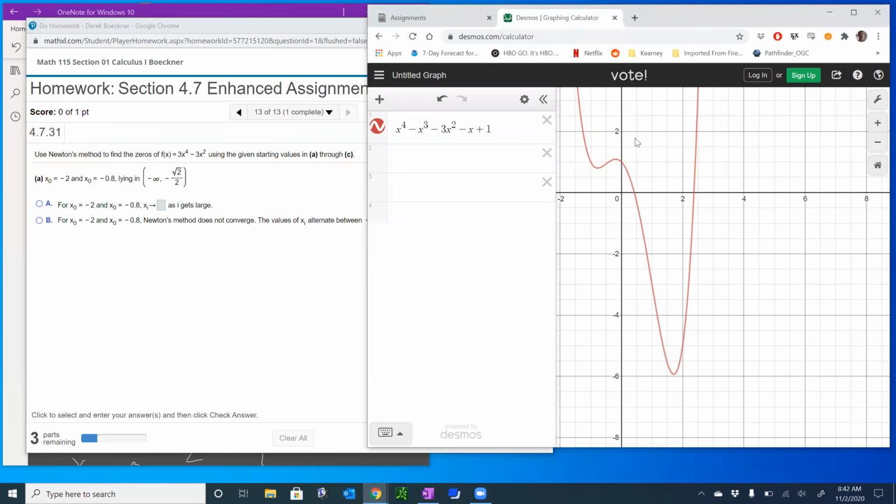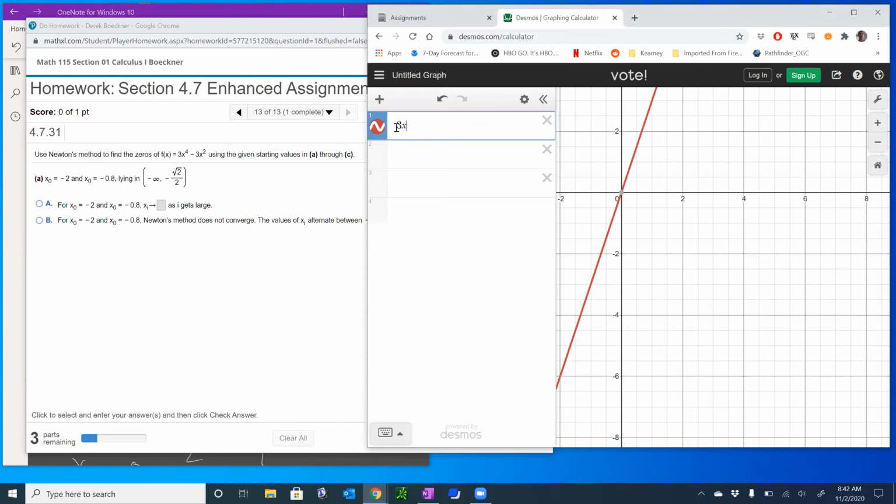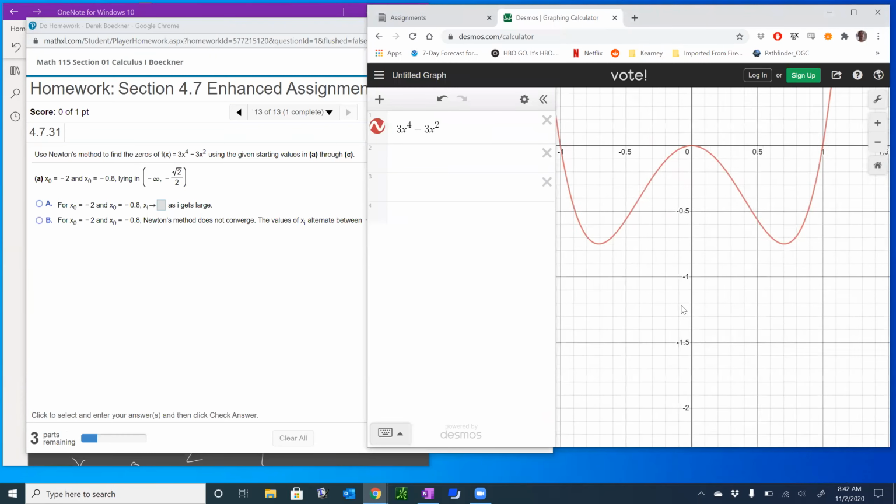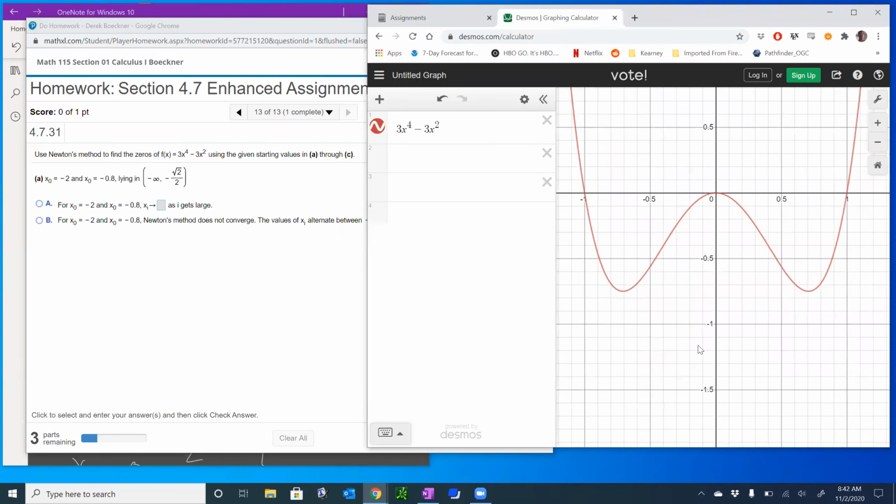So if I graph this, I should have roots at 0, 1, and -1. Okay. So if we look at this, using Newton's method with different starting points is going to take us to different roots. Right?